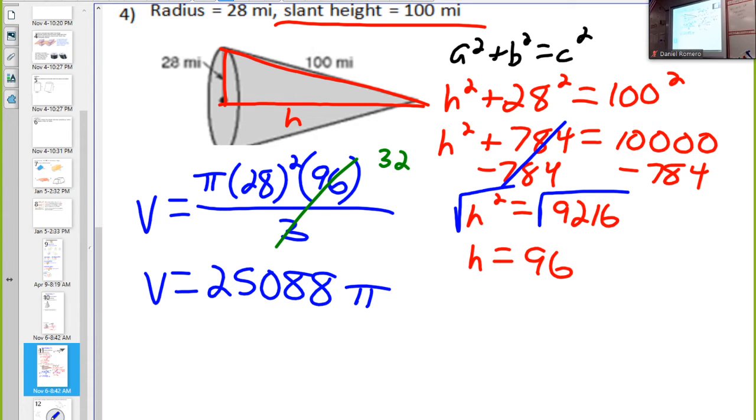Any questions? Yeah. For volume, yes. Surface area is not part of the standards. Normally, every time I've ever taught volume, you keep surface area right around the same time.